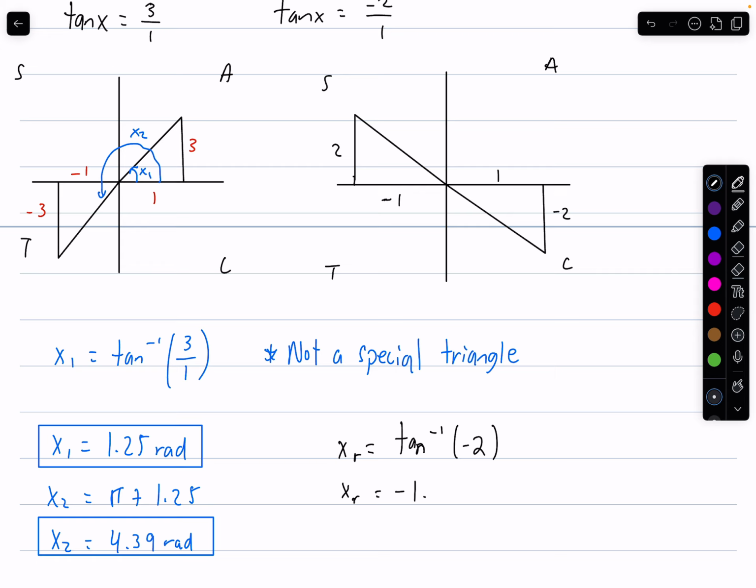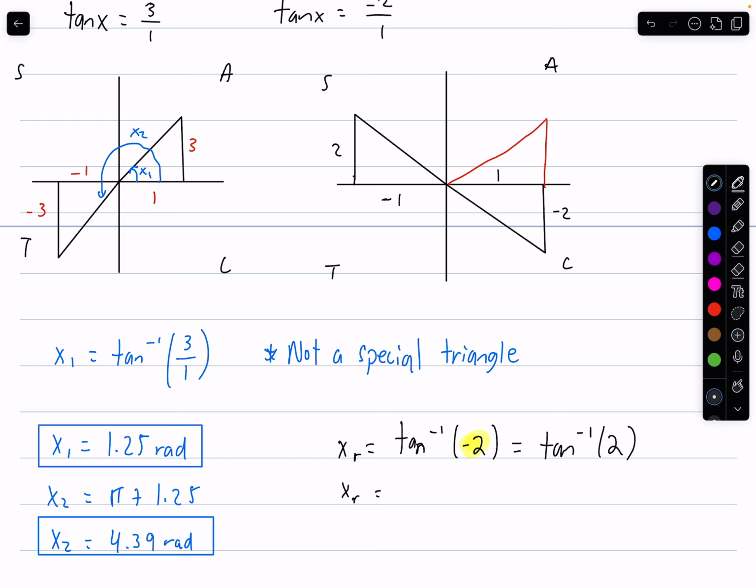So mind you, when we do this, a good practice, guys, for these kinds of questions is to use the absolute value as if we were pretending the graph was actually located here. Okay, and I want you to get into this practice because it just helps us get the reference angle a lot easier. So instead of doing this, I'm going to actually do the tan inverse of positive 2, okay?